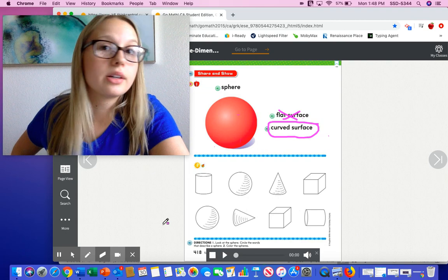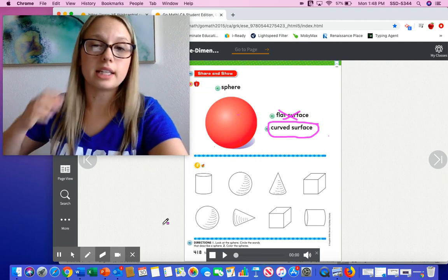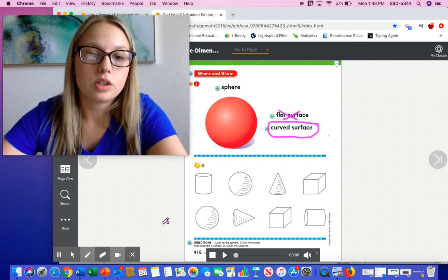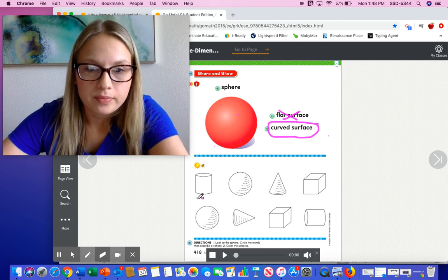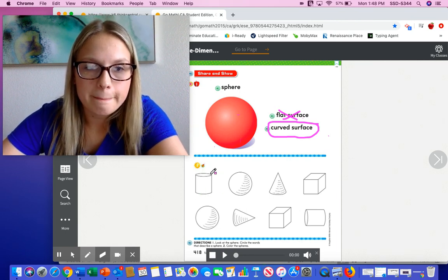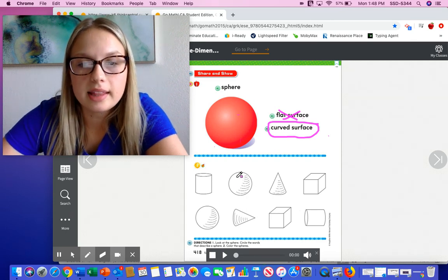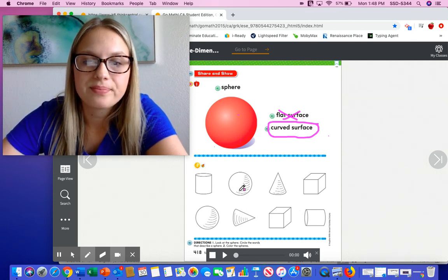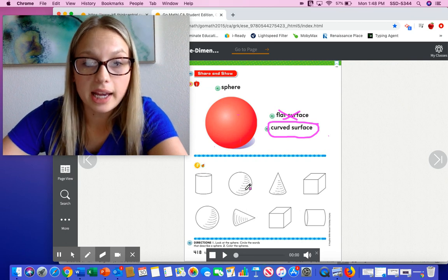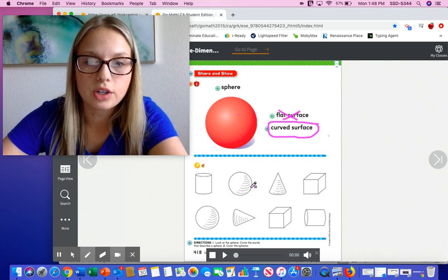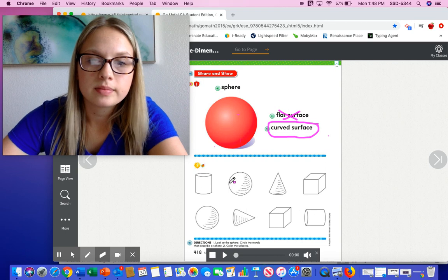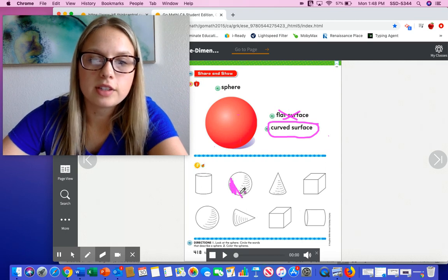Now you're only coloring the spheres. Don't color anything else. So let's look at this first shape. Is this a sphere? No, we don't need to color it. What about this shape here? Is this a sphere? Yeah, it is, right? It's round, it's curved, and it has no flat surfaces, so I'm going to color this one.